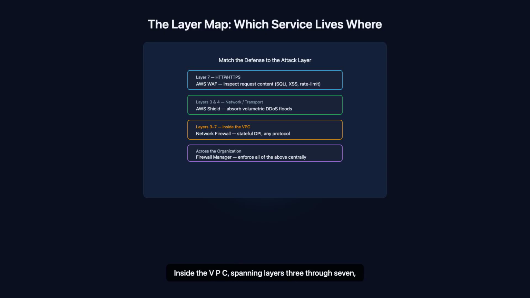Inside the VPC, spanning layers 3 through 7, Network Firewall does stateful deep inspection of any protocol at all. And wrapping around everything, Firewall Manager enforces all of these centrally across your whole organization. Keep this map in your head, and every scenario answers itself.